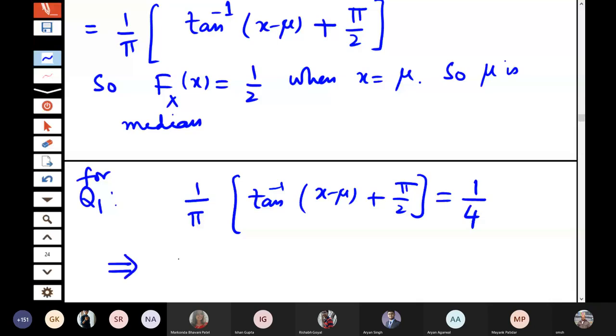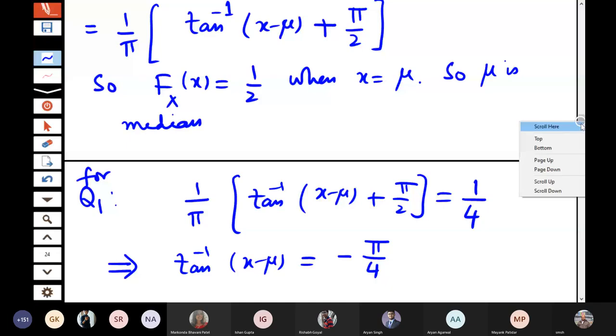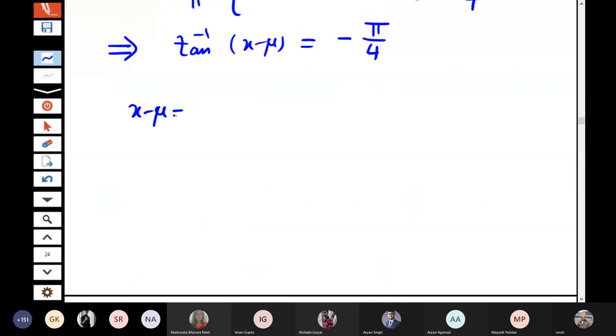So this gives me tan inverse x minus mu, so this pi by 4 I take to this side and then I put minus pi by 2. So it is minus pi by 4. So you will get x minus mu is equal to minus 1. That means x is equal to mu minus 1. So that is the first quartile.